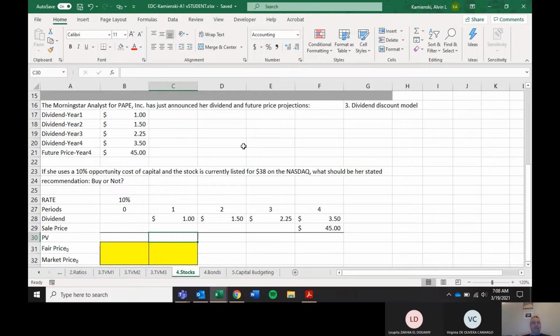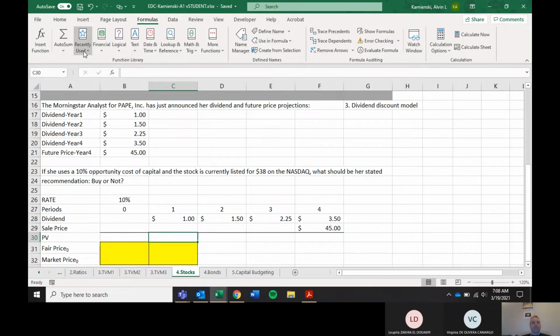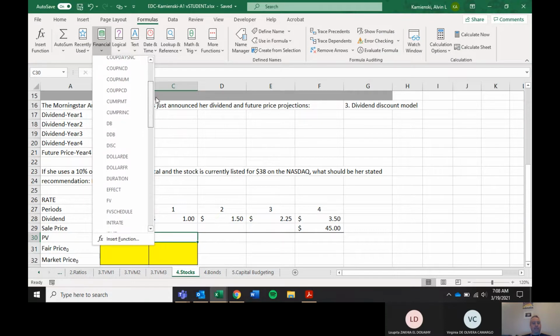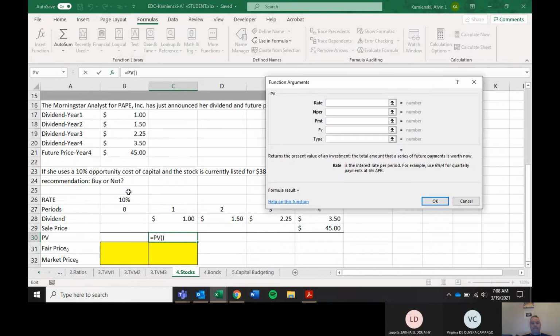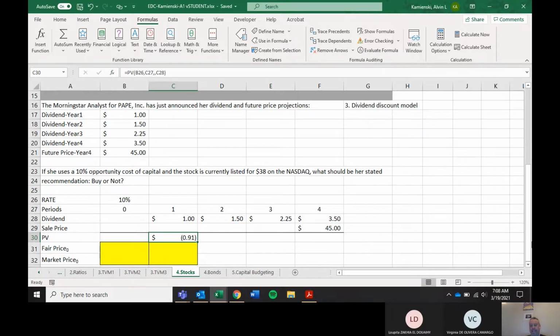And so what we can ask ourselves is, if we were to insert the financial formula for present value, and listen to the way that I'm going to describe this wording right here. If I could earn a 10% rate of return, but in 1 year I could expect to receive a future value of $1, how much should I be willing to pay for that today?